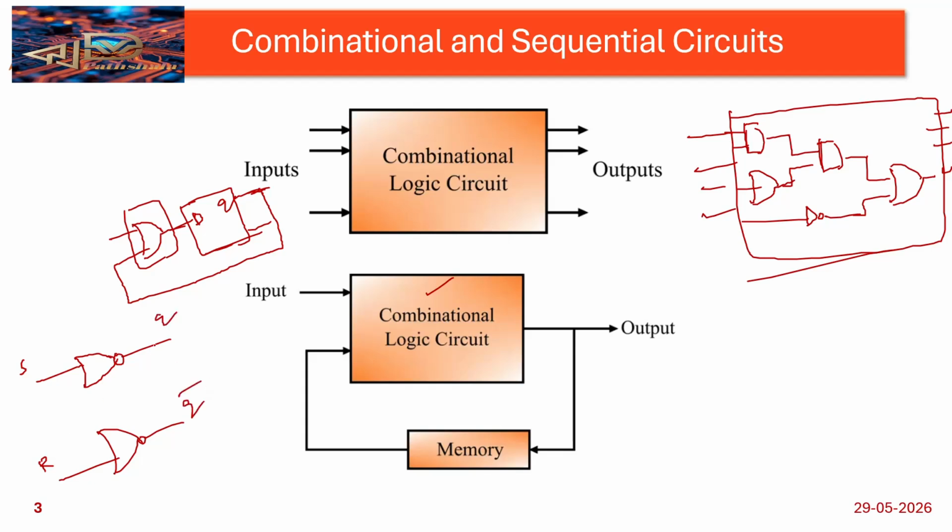This output is connected to the input. The Q is connected to the input, and then only do I get this Q bar output, and Q bar is connected to the S input. Only then do I get the output. So this is my combinational circuit. These are the inputs, and then I am giving the feedback here.